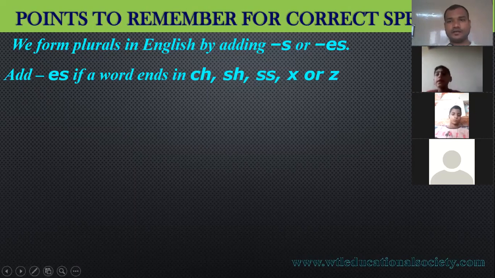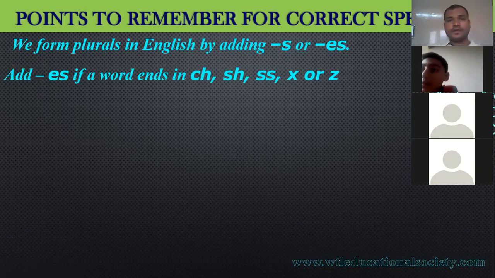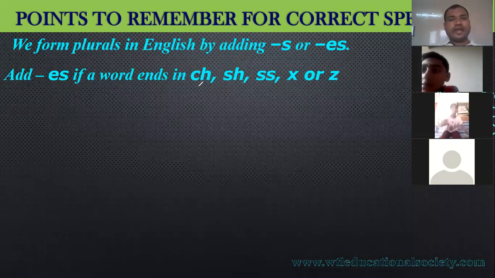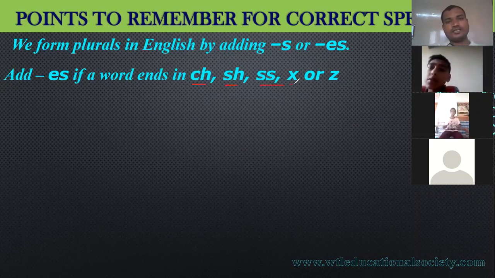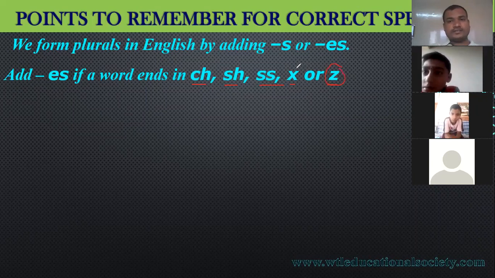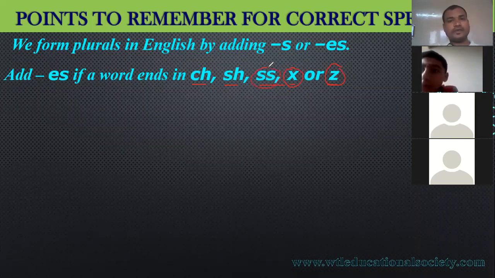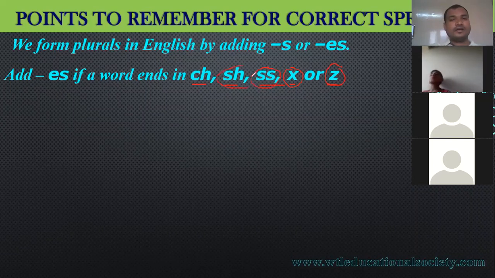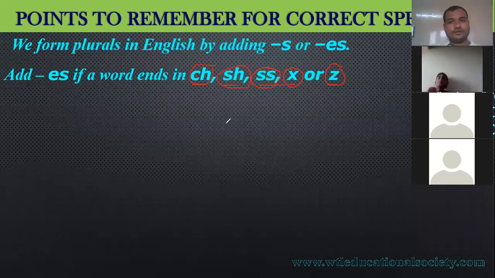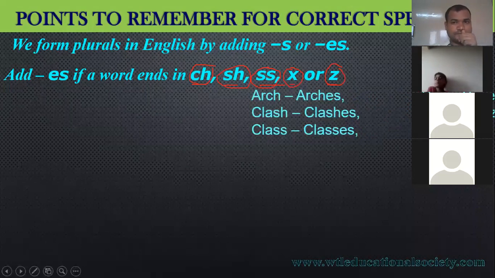If a word ends with any of these, in all these cases, what do you need to add? Es to the singular, then you will be able to form the plural.